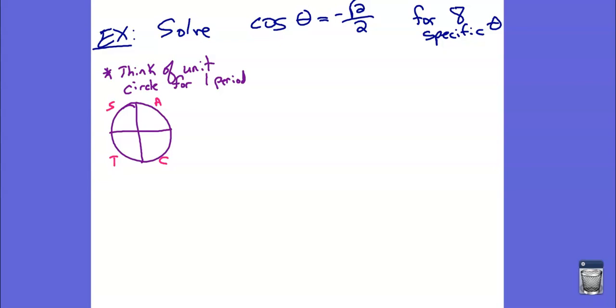All right, on this one, note it's the exact same thing. I'm trying to find cosine of theta that is going to give us negative square root of 2 over 2. Well, we recognize the square root of 2 over 2 is a 45-degree angle, but notice its cosine is negative square root of 2 over 2. So look at all students take calculus. Where is it negative? It's negative here, and it's negative here.